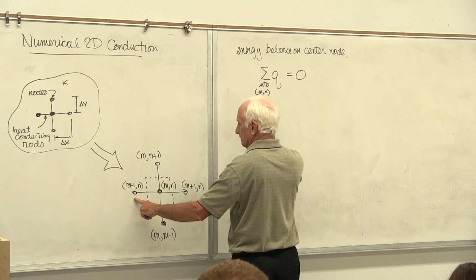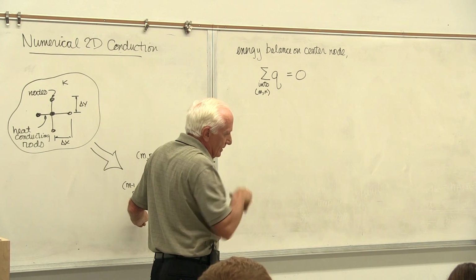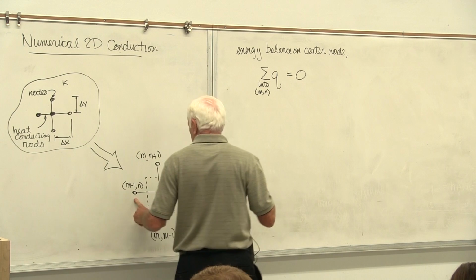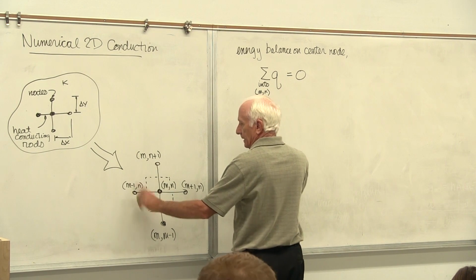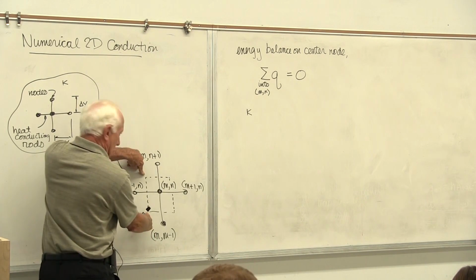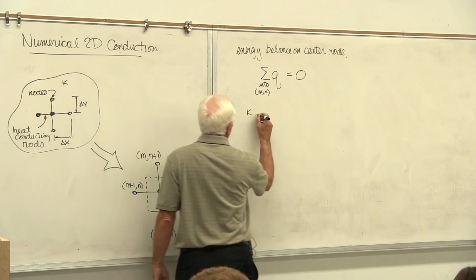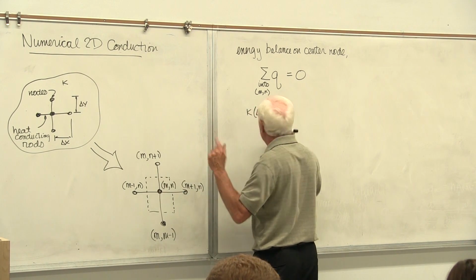Okay, so temperature, let's do k A delta T over delta x. So k, the area is here to here. That area is delta y times, I'll call the depth into the board 1.